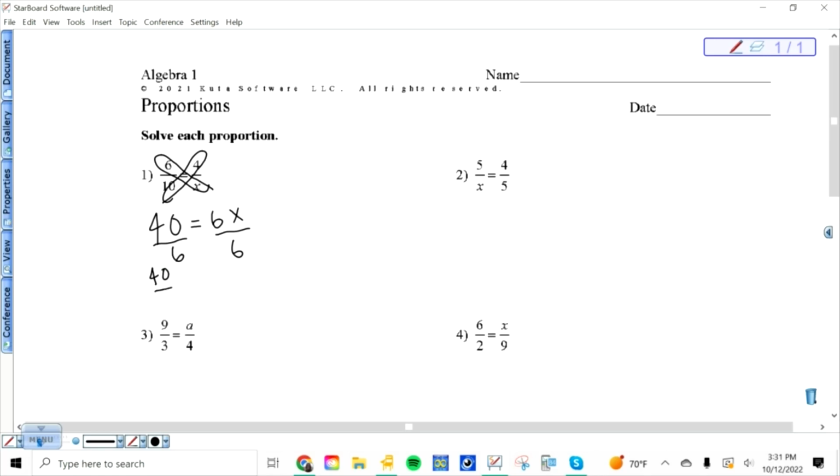I get 40 over 6 equals, and I'm just going to write this kind of the same way as what we did yesterday. So I'm going to take those 6 over 6 times x. And what happens to those 6 over 6? Yeah, they just become 1. So over here on the right side of the equal sign, I just have x, and x equals 40 divided by 6.